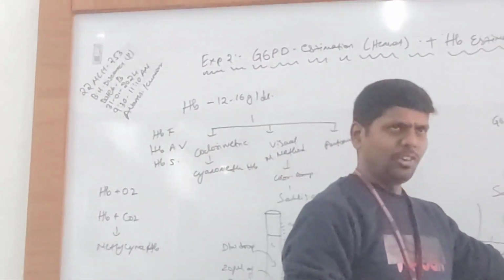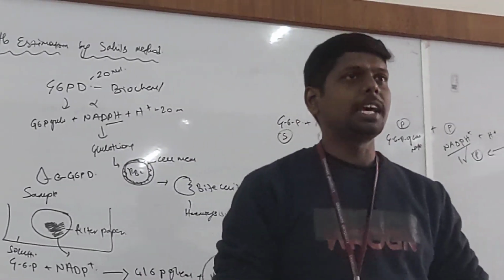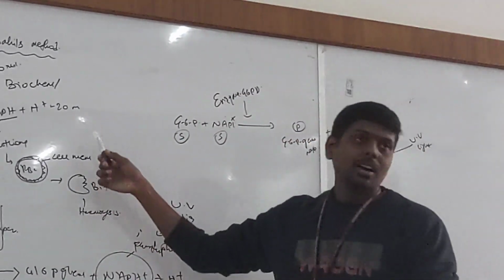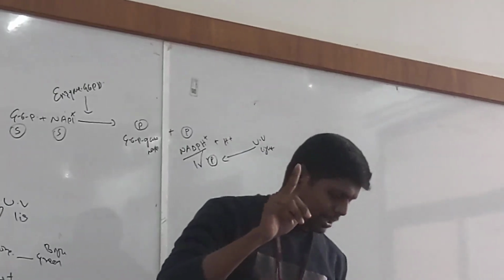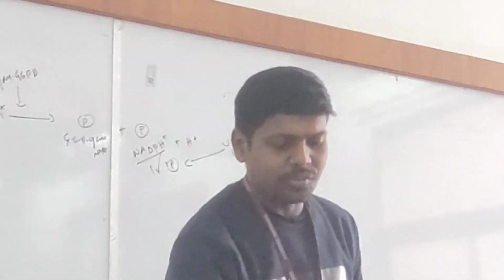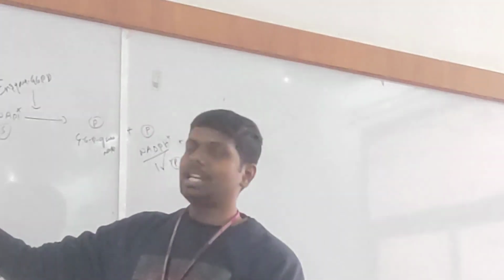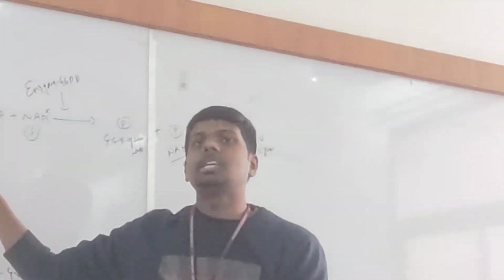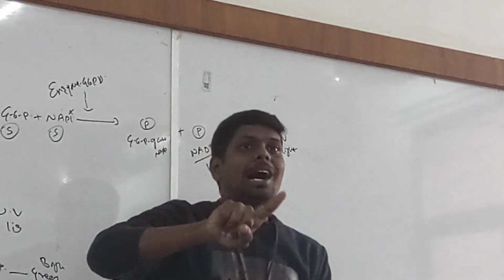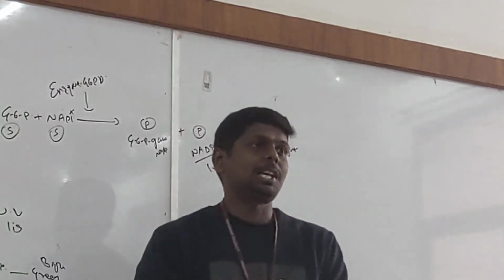What is the significance of G6PD? There is a type of anemia called G6PD deficiency anemia, for which I need to tell one more term, that is differential diagnosis. What is the meaning of differential diagnosis? You got one value of this test and you need to cross verify this value. What other test can you perform to cross verify G6PD deficiency?